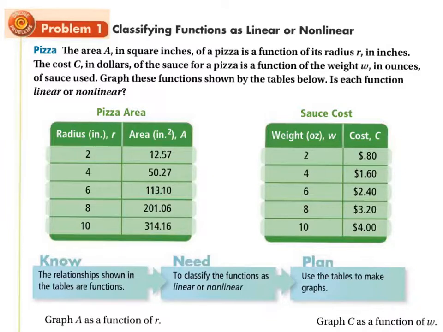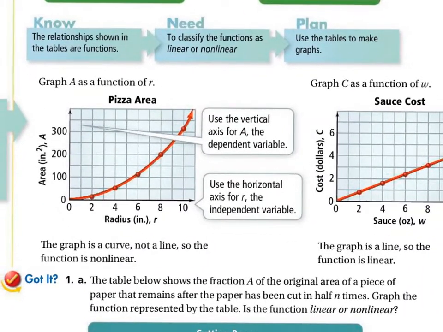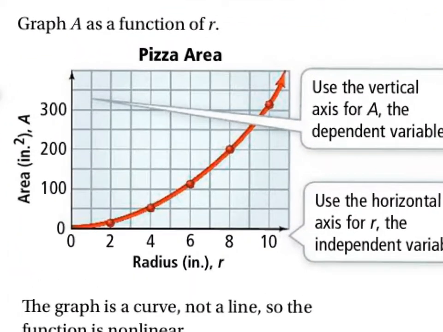On A, you can see that's the pizza area. Look at the radius, look what the area is. And then the sauce cost. And you can see here, graph A is nonlinear.